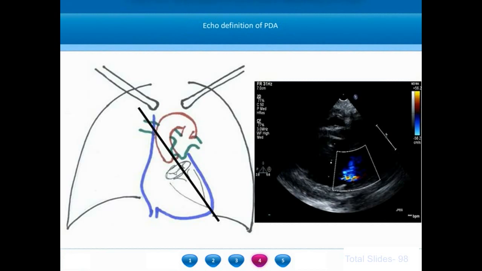Conventionally, an echocardiogram starts with the long axis view imaging of the heart. On parasternal long axis view, we place the probe along the long axis of the heart. The long axis of the heart lies along the line from the base of the heart to the apex of the heart.